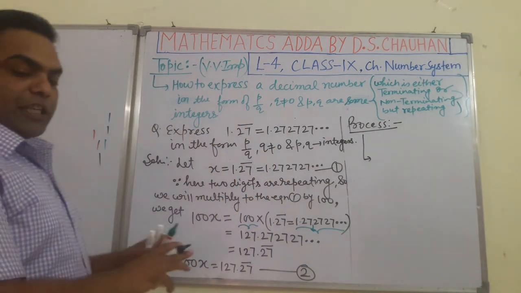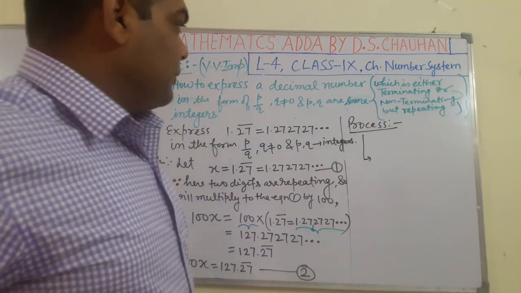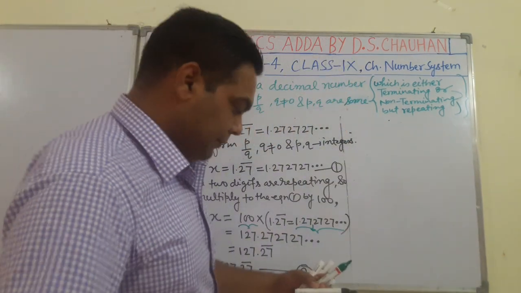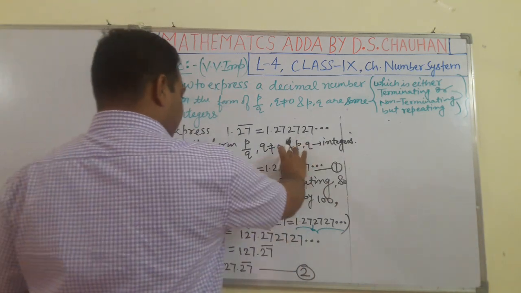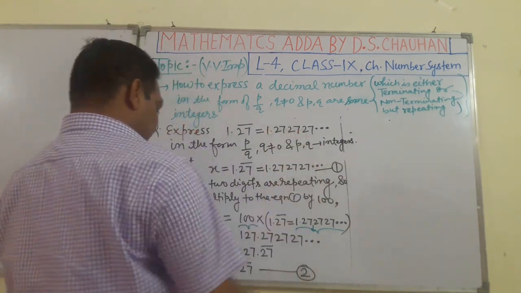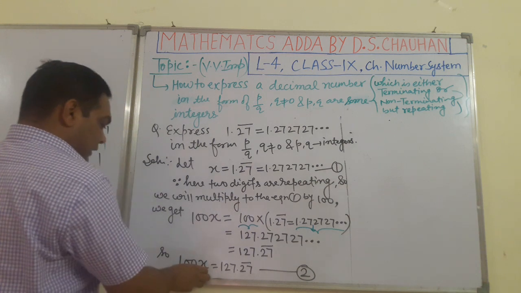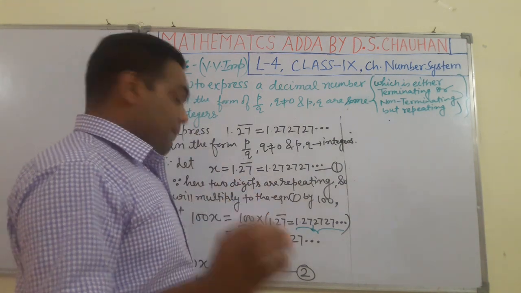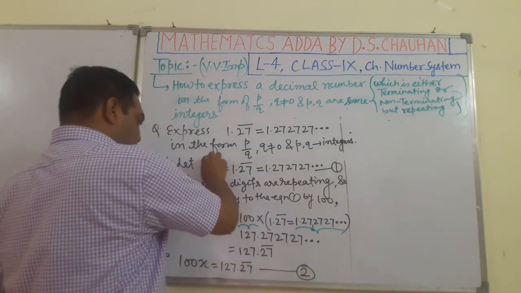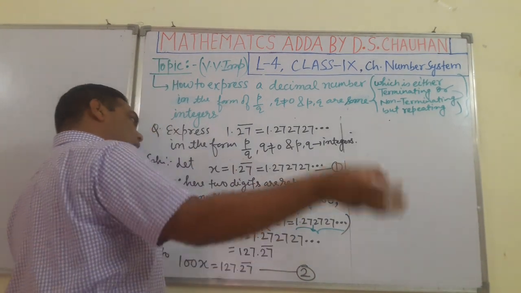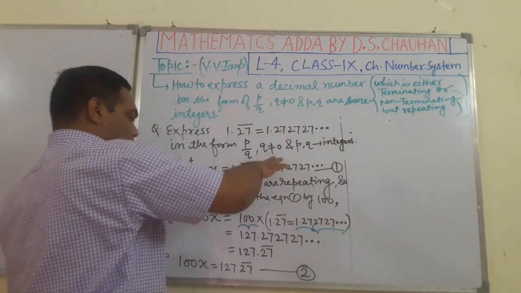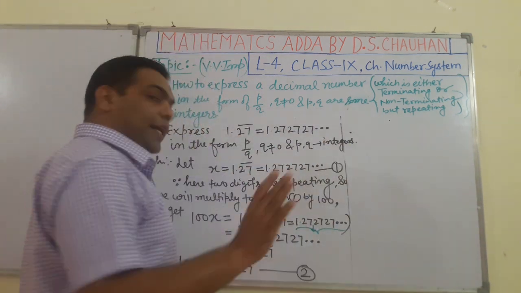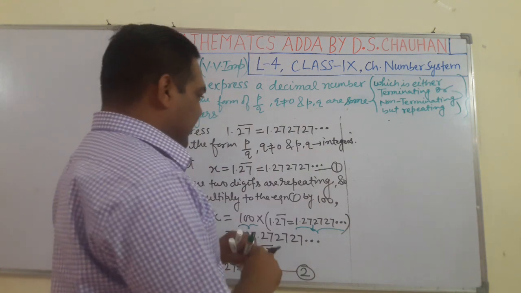Well students, just after it, what to do I am telling here. Now we have equation 1 and 2. See, 100x is greater than x, so it is better that we subtract equation 1 from equation 2. In all these types of questions, students, you subtract equation 1 from equation 2 and easily you can get the answer.